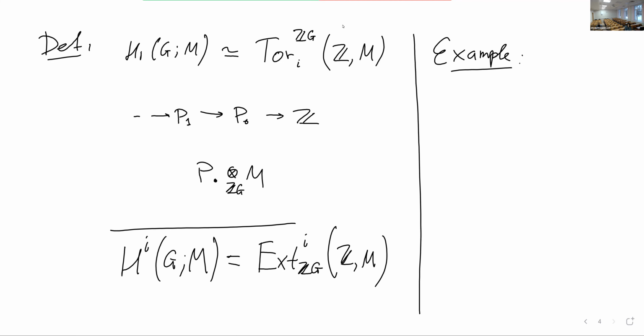Let's consider the infinite cyclic group generated by T. Basically, these are cyclic groups for which we could use the projective resolution, and it's possible to get the answer. So let's try to do this.